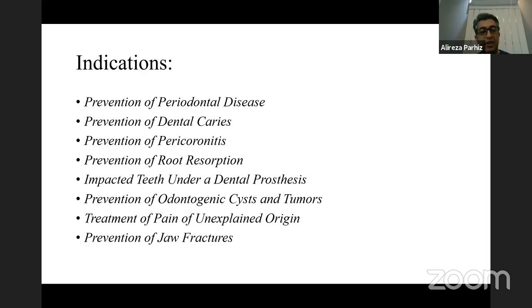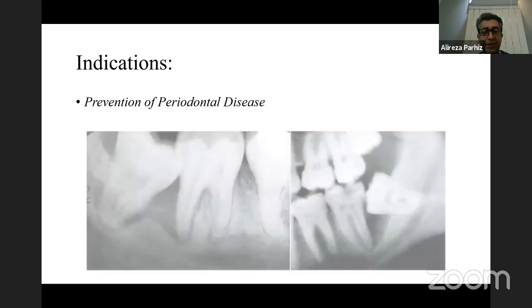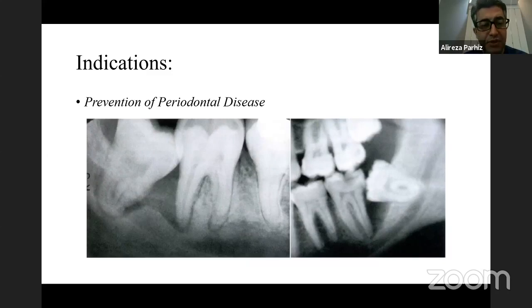Also impacted teeth under a dental prosthesis, prevention of odontogenic cysts and tumors, treatment of pain of unexplained origin, and also prevention of jaw fracture.